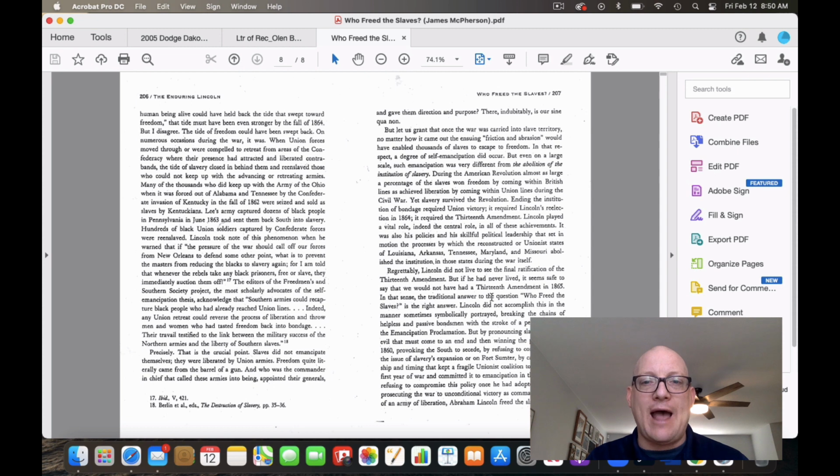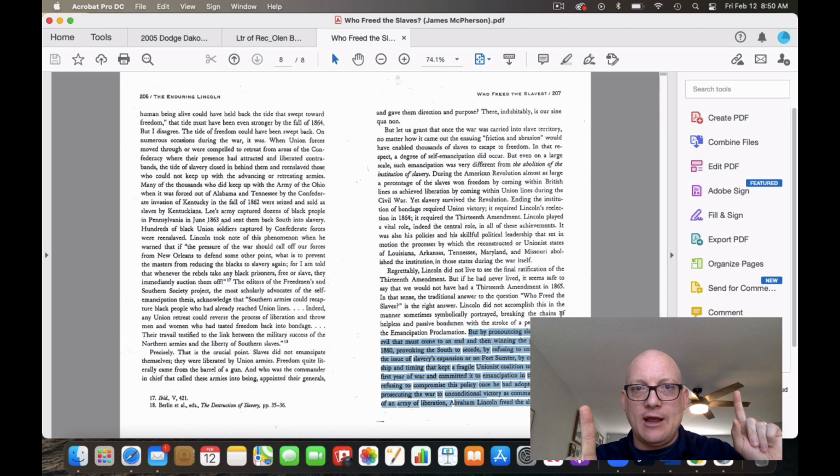It is in the last paragraph, right about dead center, starting with the words "but by pronouncing slavery" right here. Okay, he says, but by pronouncing slavery a moral evil that must come to an end, and then winning the presidency in 1860, provoking the South to secede, comma, that's one, okay?